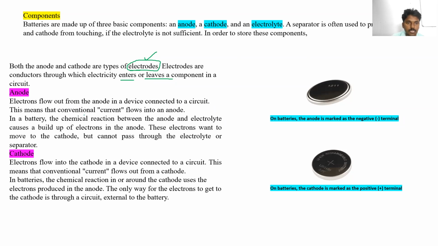This means that conventional current flows into the anode in a battery. The chemical reaction between the anode and electrolyte causes a buildup of electrons in the anode. These electrons want to move to the cathode but cannot pass through the electrolyte or separator.